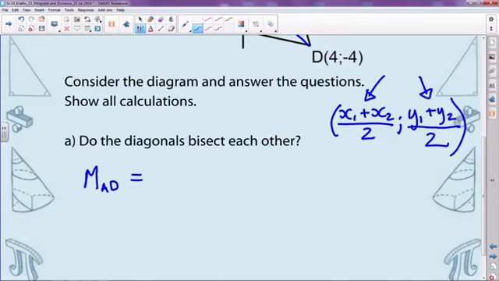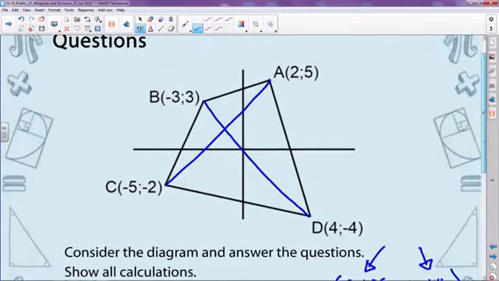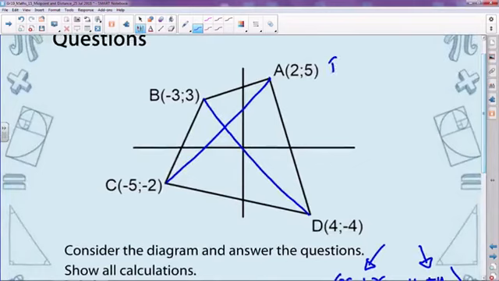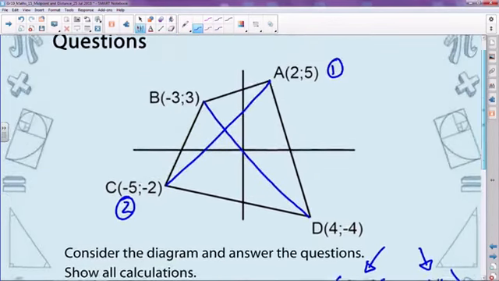So, second calculation. Let's set up the two calculations. I'm going to do AC, apparently, with A as 1 and C as 2. So the midpoint of AC, both are going to be divided by 2. What is the x-coordinate of A?